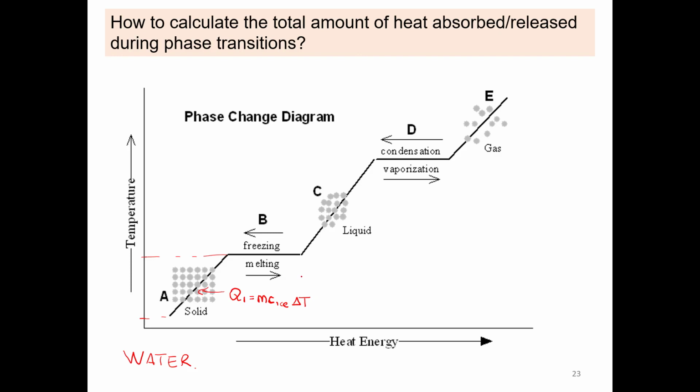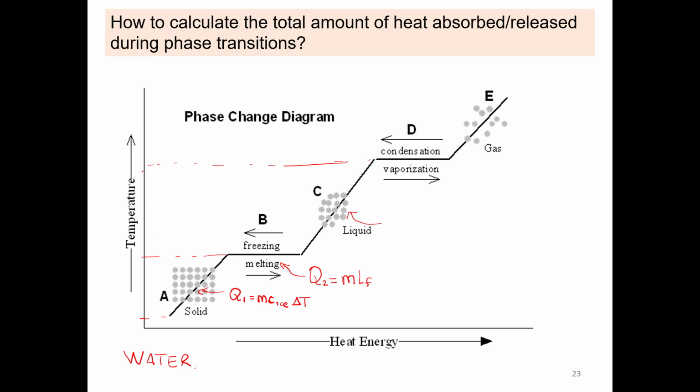Then we need to calculate the heat in the B portion of the graph. Here in this part, there is no change in temperature, so we cannot use this equation. Because it is from solid to liquid, we use the latent heat of fusion. Now we need to calculate the C part of the graph. There is again a change in temperature, and clearly we can see there is an initial and final temperature.